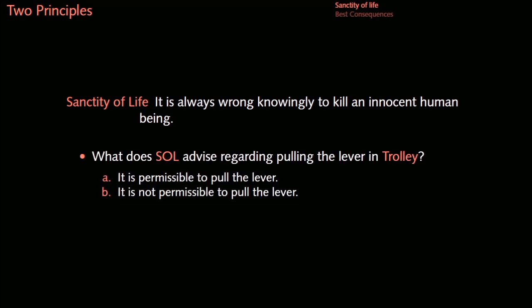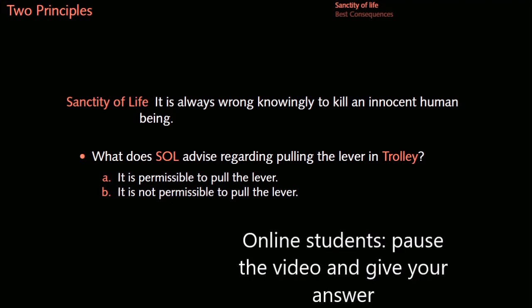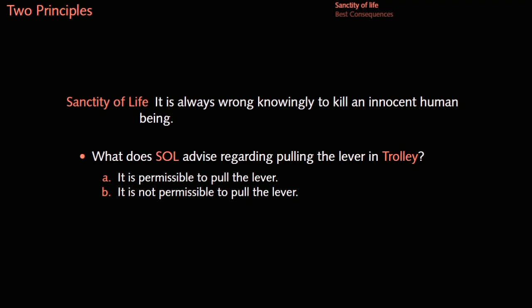Let's just check the implications of this principle in the trolley case. What does SOL advise regarding pulling the lever in trolley? Does it say A, it is permissible to pull the lever, or B, it is not permissible to pull the lever? Okay, good.